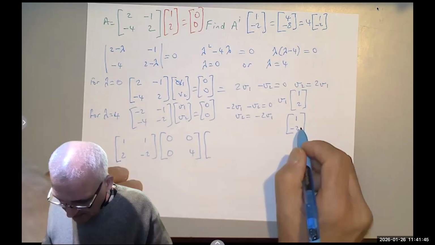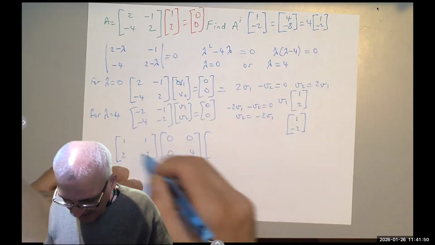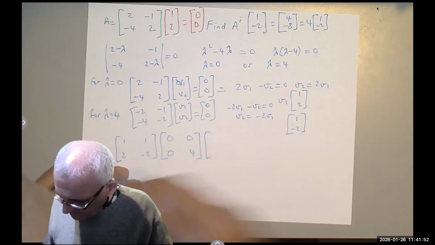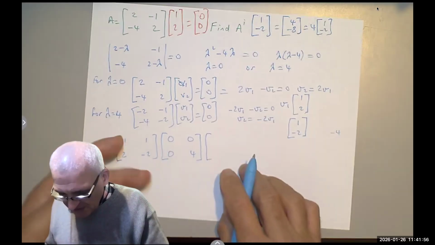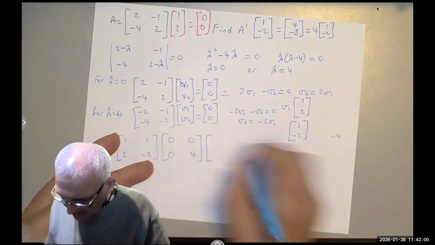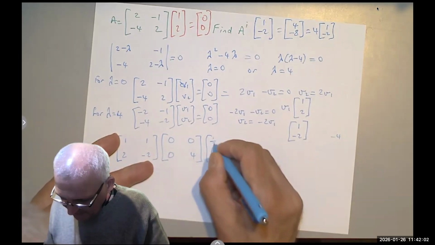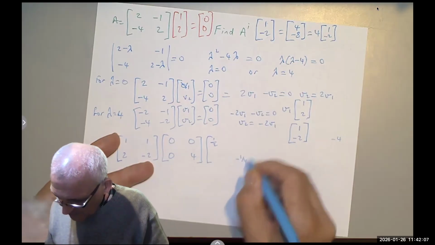And then I get the inverse of that. This is -2 minus 2 is -4. So the way I'm going to do it is to switch these two and then divide by -4. So -2 by -4 is positive 1/2. And 1 over -4 is -1/4.